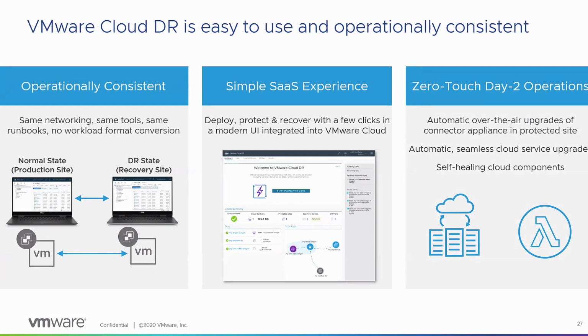And because they're largely stateless, this is something we'll go into in a little bit, the recovery time is very fast. And very importantly, the on-prem connector that you deploy in your protected or production site also updates itself automatically via over-the-air upgrades coming from the cloud service.